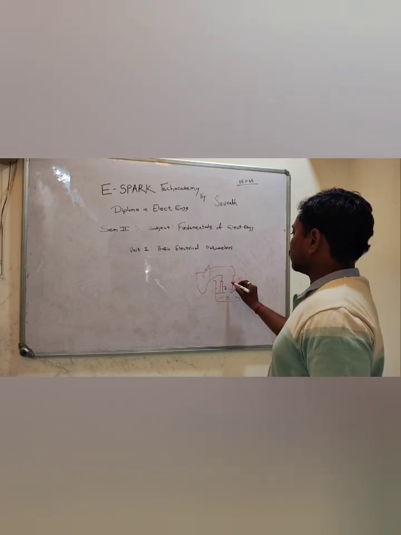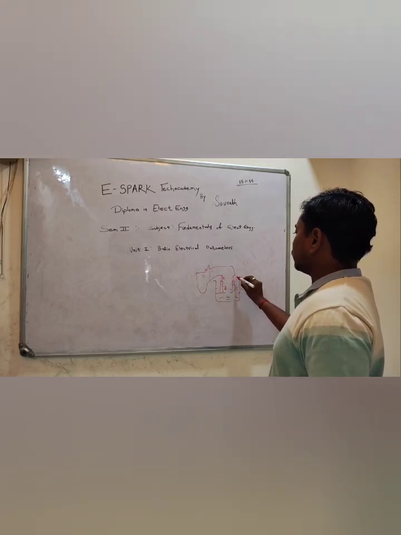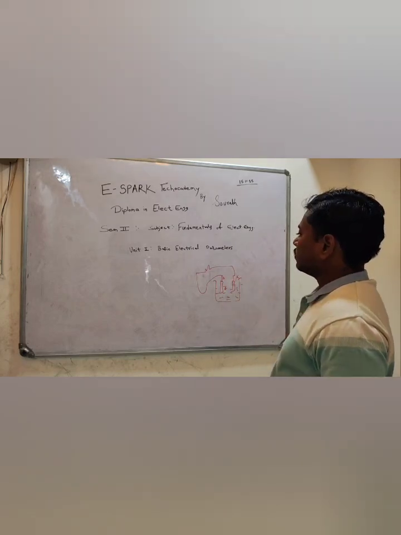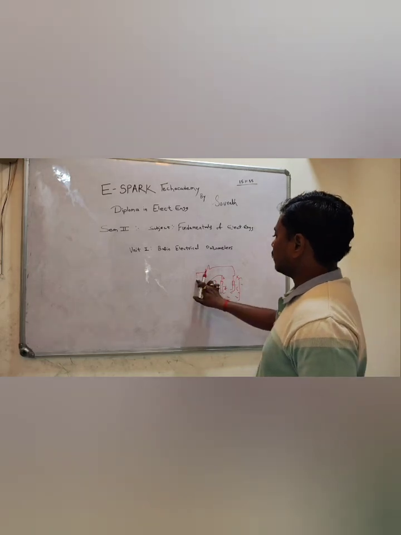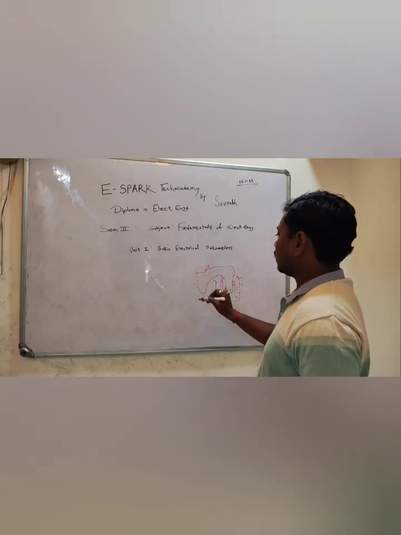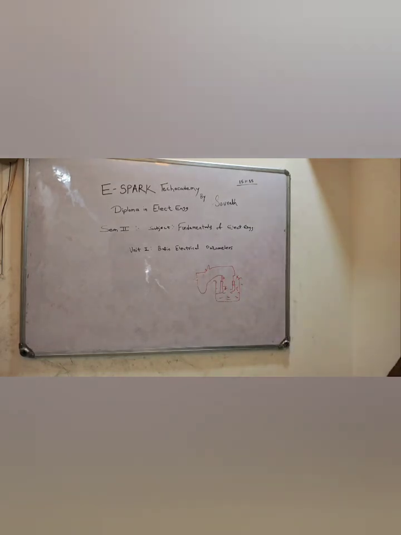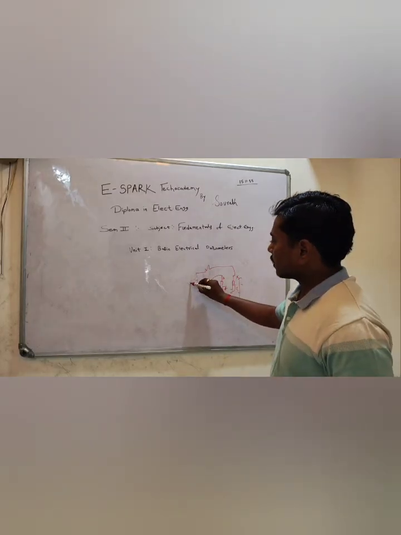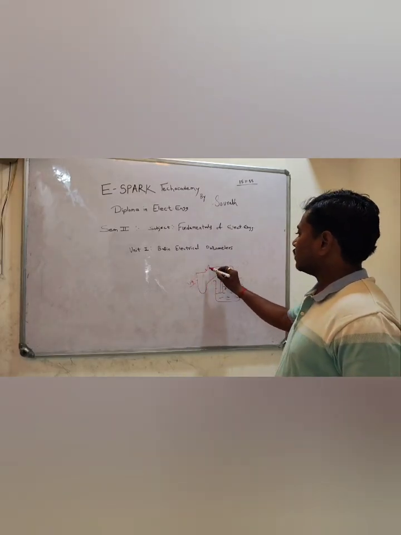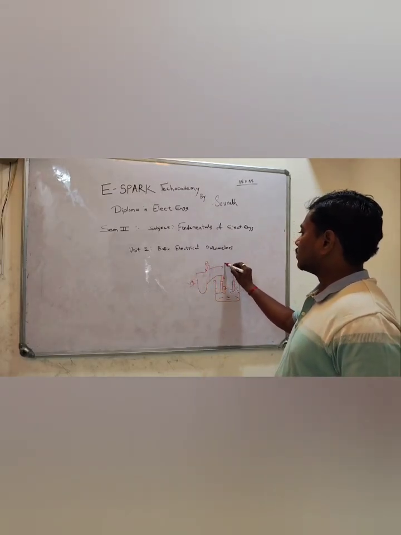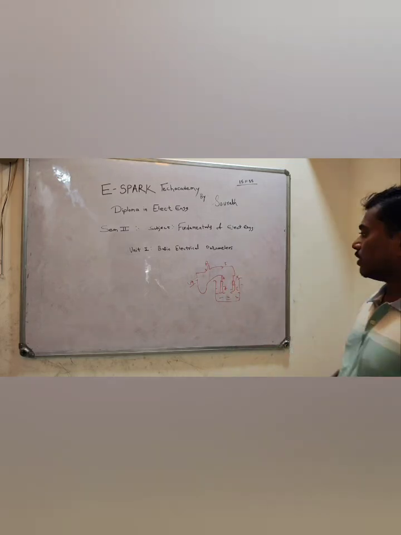This is the anode and this is the cathode, and here we will be applying a voltage. This is the resistance, and the current will be flowing in this manner.